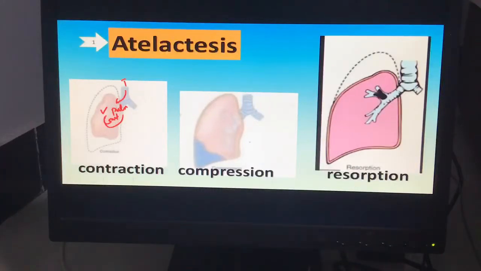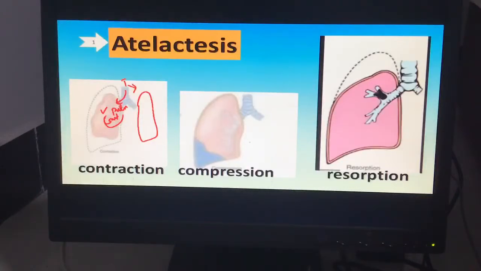It undergoes contraction due to, as I already explained, interstitial lung disorders, due to excessive fibrosis there. So this trachea can move toward the affected side. This side lung will be normal. The trachea is not moving this way. The trachea moves toward the diseased lung. Okay, so from the movement of the trachea we can guess a bit. We can get an idea of which type of collapse there is.